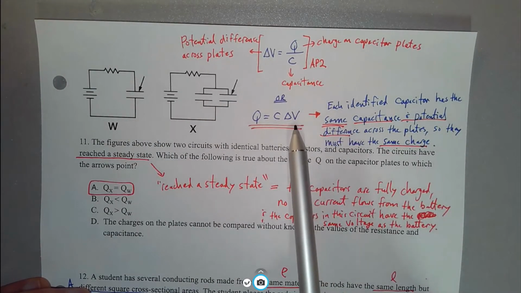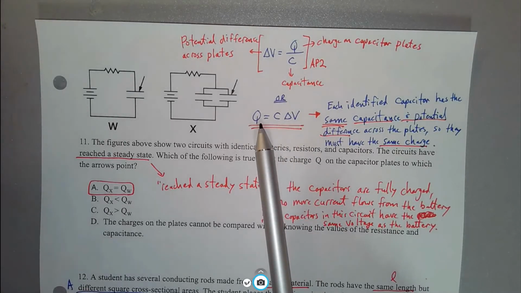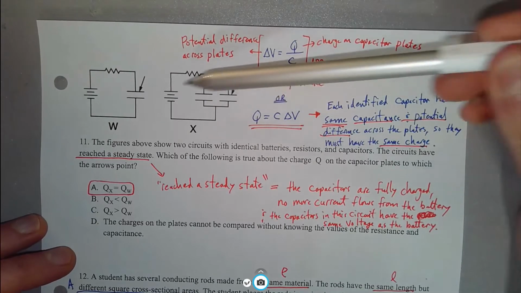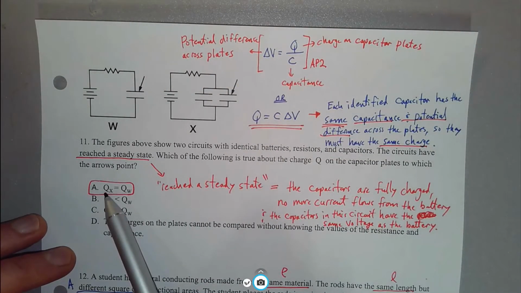And so if the change in voltage is the same, if the capacitance is the same, that means the charge stored on this capacitor and this capacitor has to be identical. So the charge stored on the capacitor in circuit X is equal to the charge stored on the capacitor in circuit W.